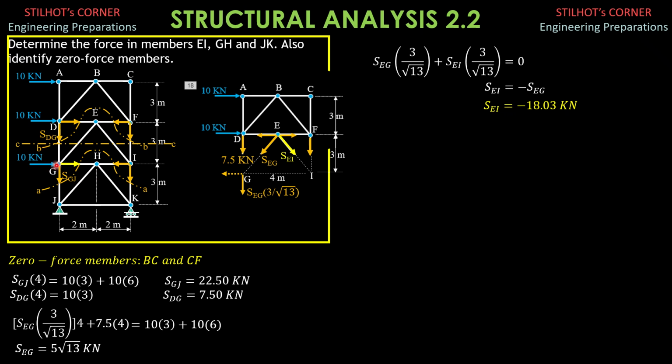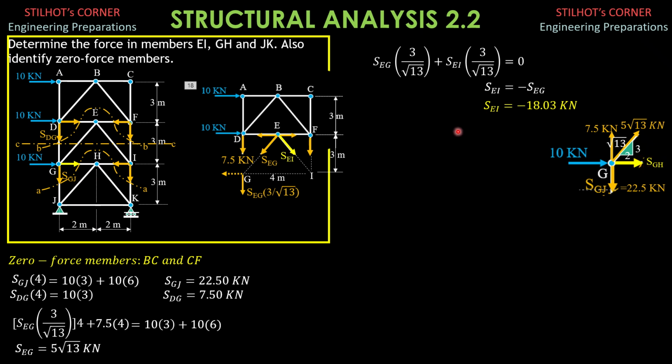So we consider isolate joint G this time, and remember that SEG is 5 square root of 13, and the slope of SEG is 3 vertical to horizontal hypotenuse square root of 13 as shown. Summation forces horizontal, we can now find SGH.